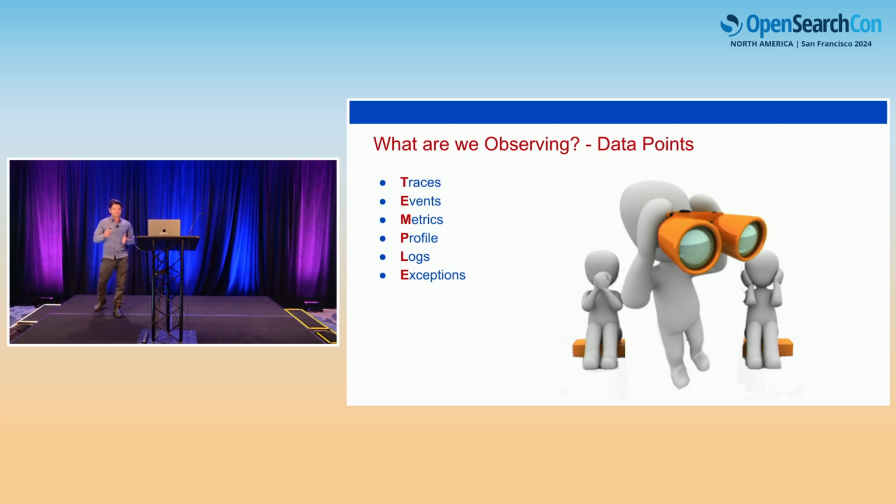There are events, there are profiles, there are exceptions. There are many types of data points that have distinct properties and distinct use cases. But the three major ones that are supported out of the box in almost every observability framework are traces, metrics, and logs.